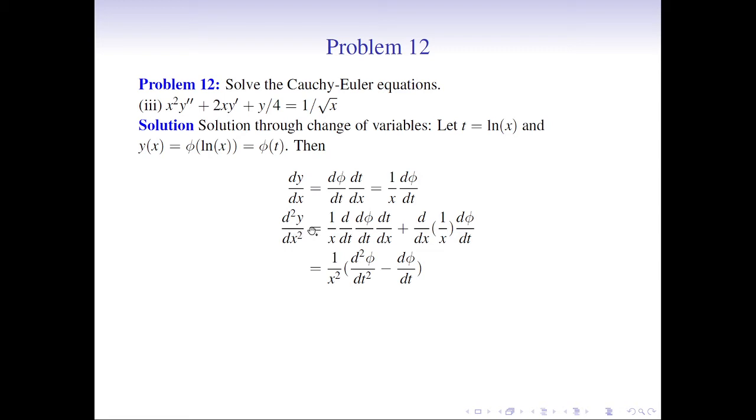And d square y by dx square, what will that be? Again we have to apply the chain rule twice. So we apply d by dx to dy by dx, because d square y by dx square is just d by dx of dy by dx. So we do that and apply the chain rule again.